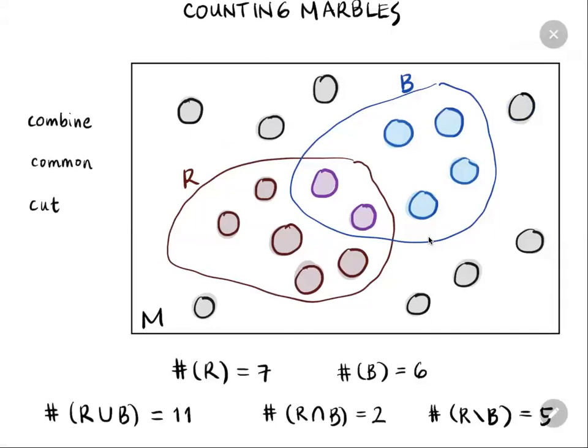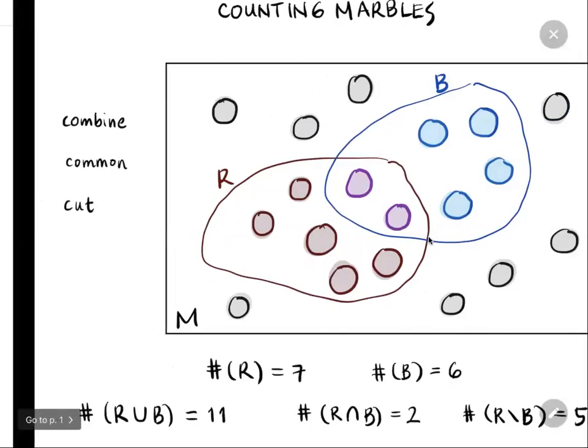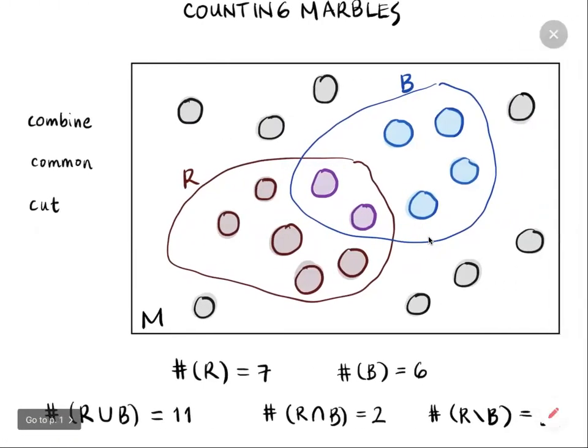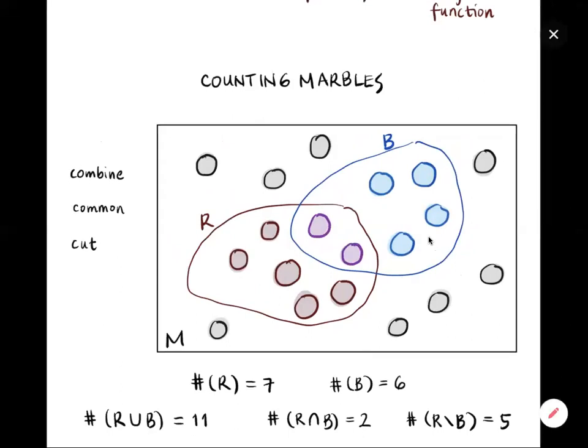Presentation mode, okay, and that would be 11. Now, on the other hand, if I want to compute the number of marbles if I cut the set B from the set R, so this would be the set difference.